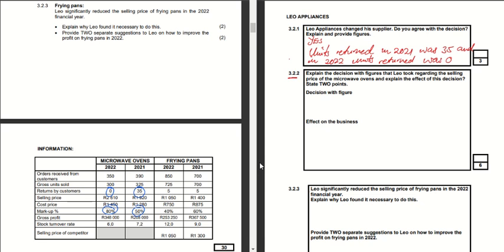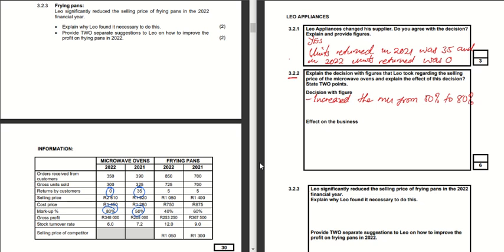So the first decision is that he has increased the markup from 50% to 80%.